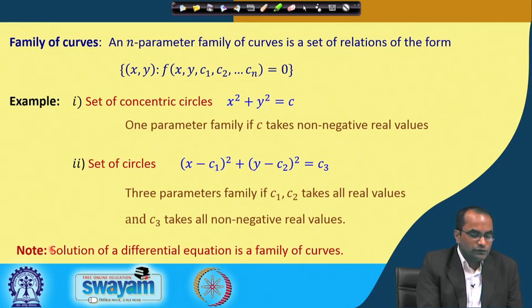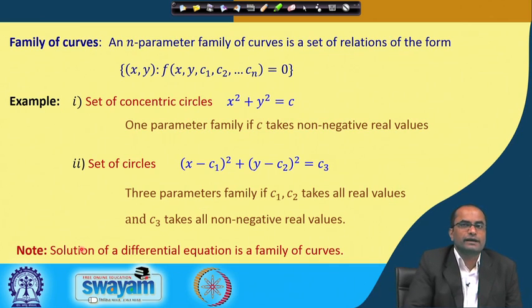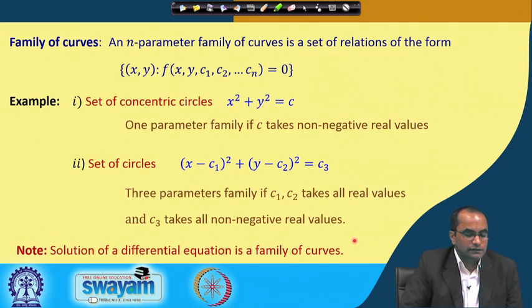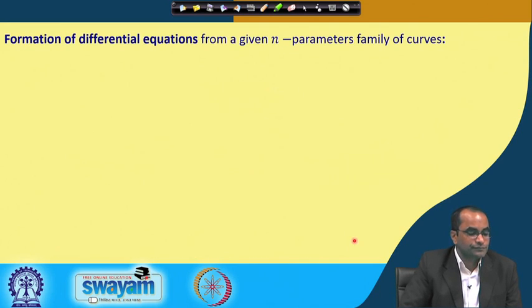And now we also observe that the solution of the differential equation, which we have seen in the previous example, is a family of curves, nothing else but a family of curves, which we will also observe in the next slides. So how do we do this formation of the differential equation for a given n parameter family of curves?